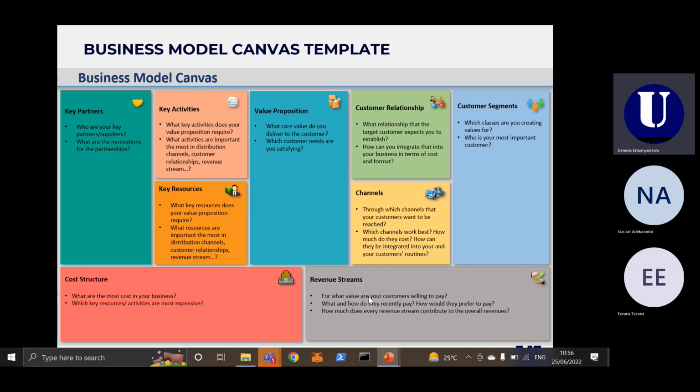For what value are your customers willing to pay in your value proposition? What and how do they currently pay for that? And how would they prefer to pay? So you can look at it that, okay, I want to charge people for my tech hub. I ask, on average, how much will somebody working from home pay for internet services?